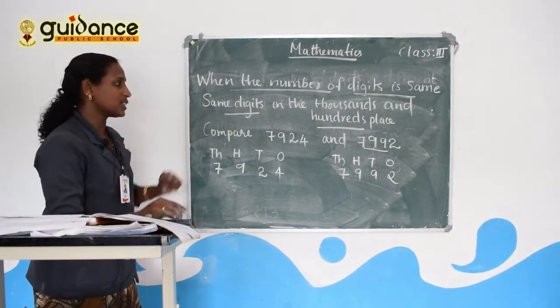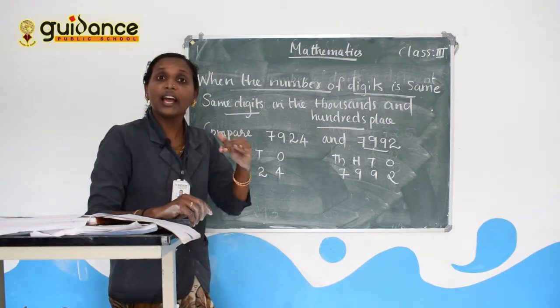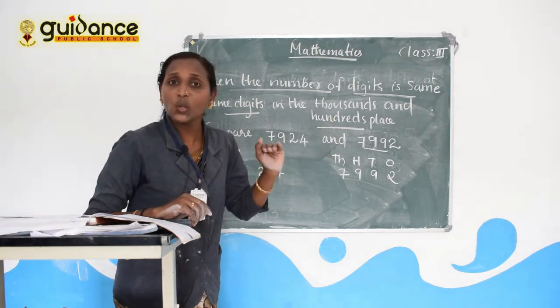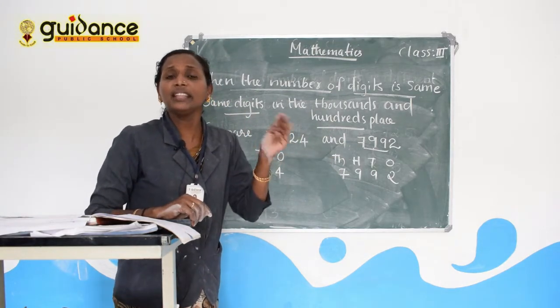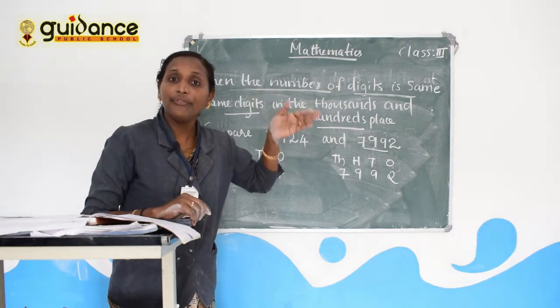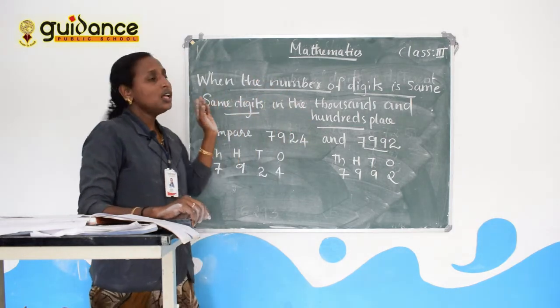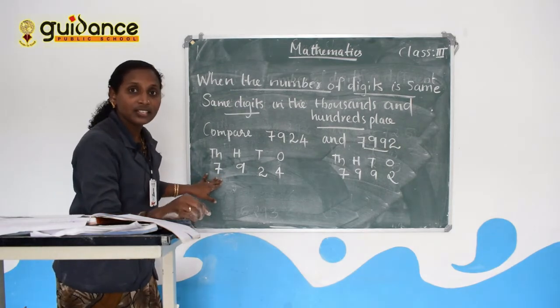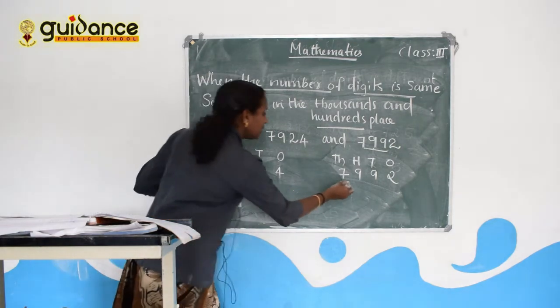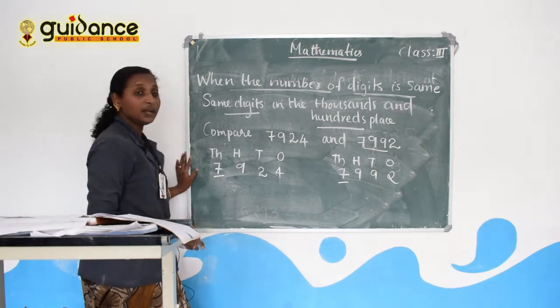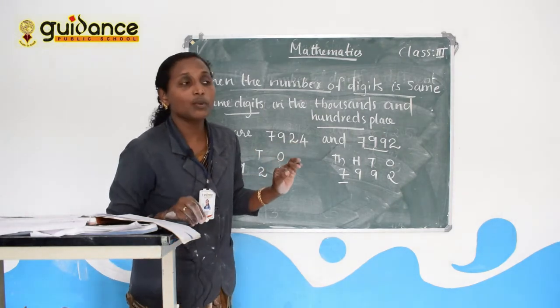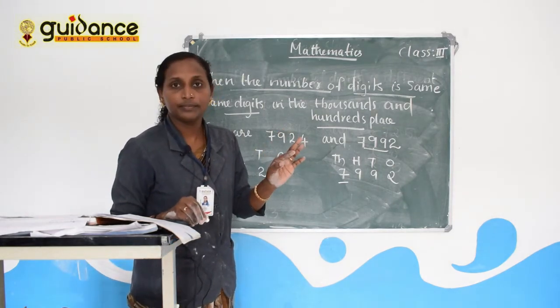So look at this question. What I told, we compare the number with equal digits. We compare the number starting from the extreme left. Both digits at the extreme left are the same because both are 7.